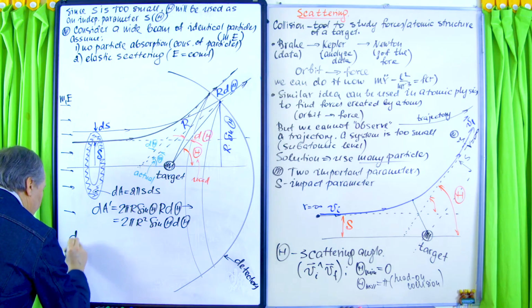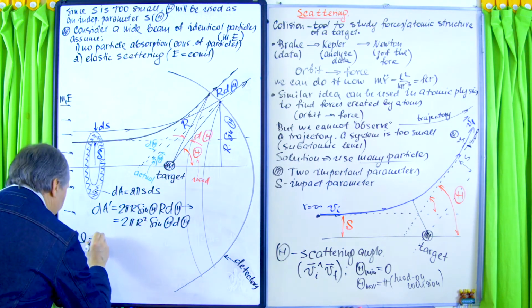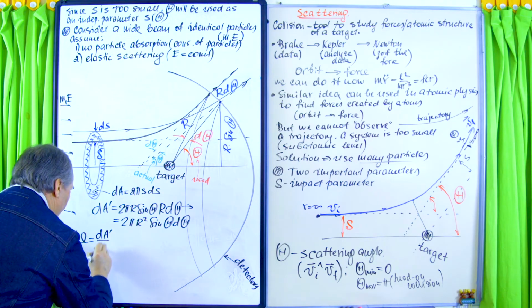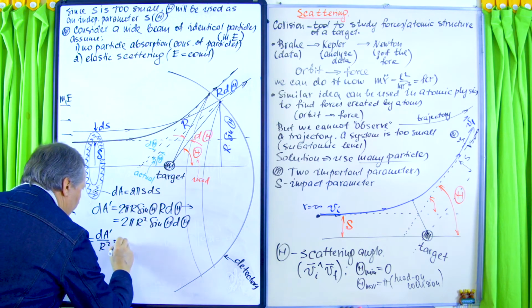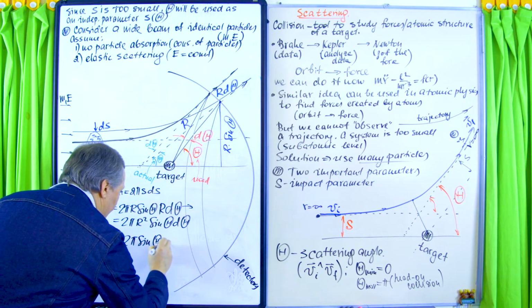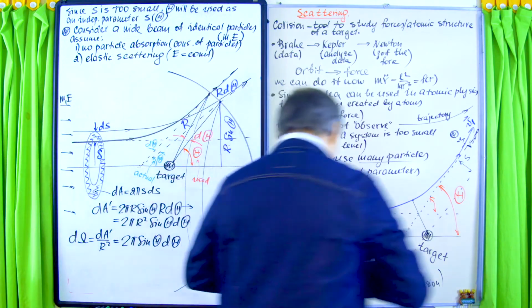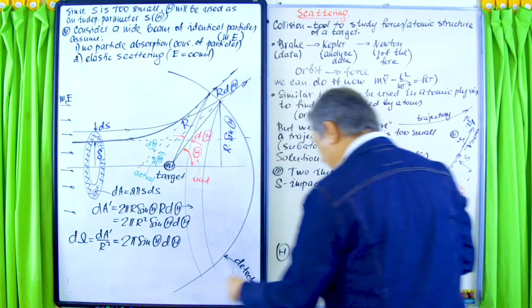So the solid angle d omega, in steradians, will be dA prime over r squared by definition. So it will be 2 pi sine theta d theta. Of course we will need this.